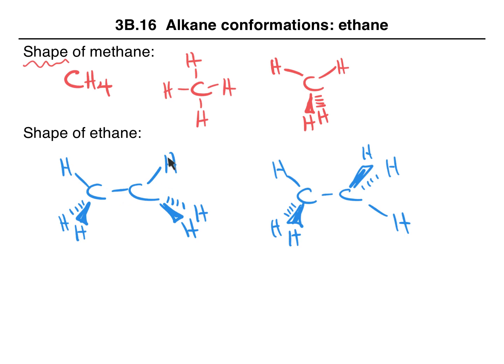Here, these are all in the same plane, and then these are coming forward and back. And on the example on the right, we have these in the same plane, and then these forward back and these forward back. So what we're talking about here with ethane, we are actually representing two different conformations.